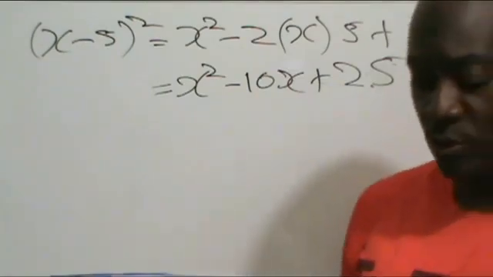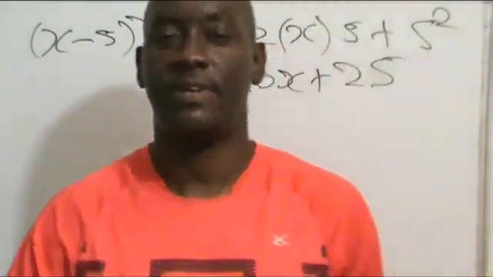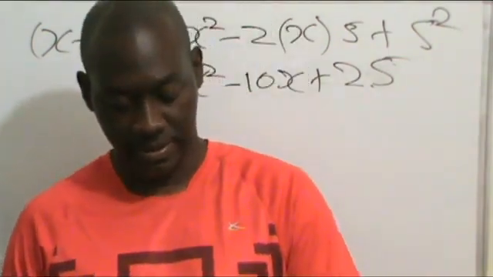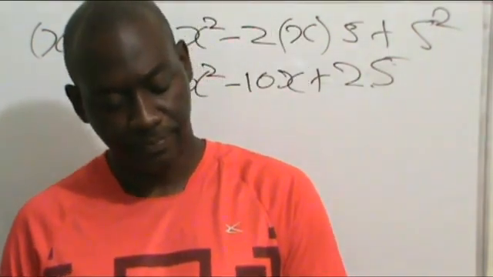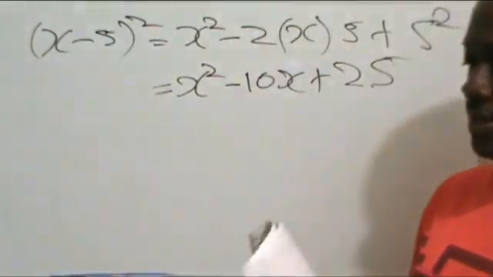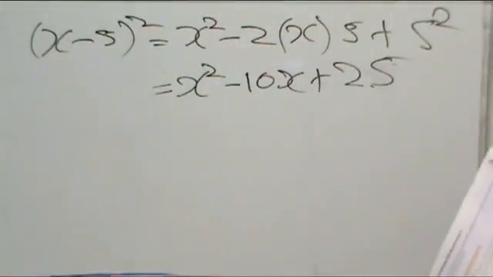Right. So note the difference between x plus 5 to be squared and x minus 5 to be squared. Alright. And then we have another one here, right, of similar dimensions.